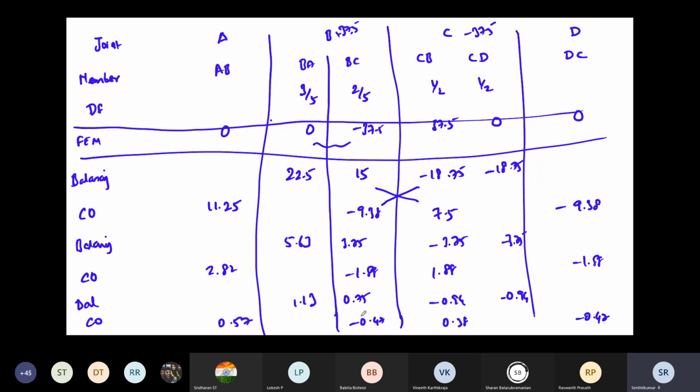If you want to go for very accurate, you have to finish with 0.00 something. Like that you can finish it. So when you are finally doing the carryover till 0.0, the final moments are AB, BA, BC, CB, CD, DC.